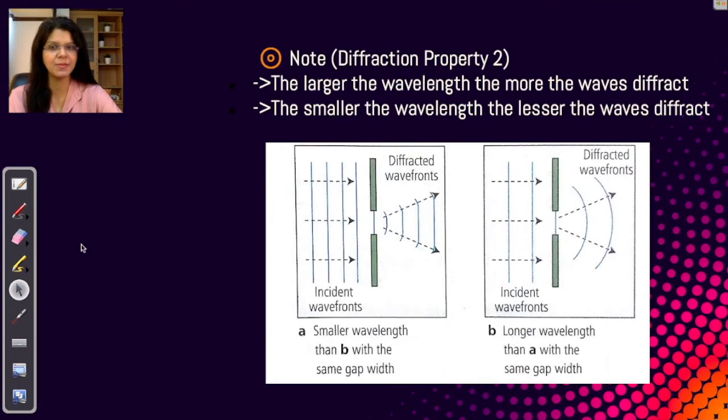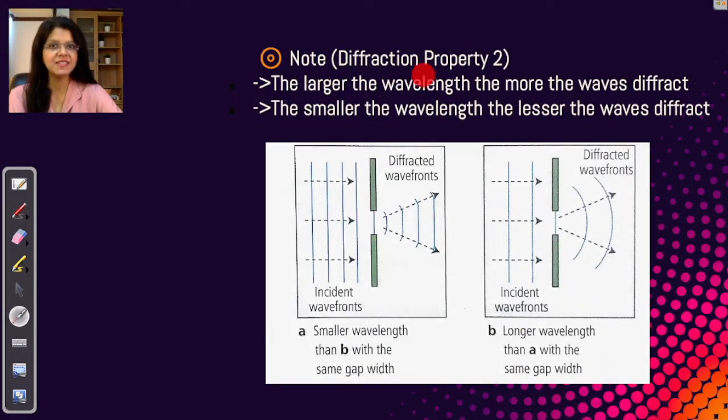Another diffraction property. Larger the wavelength, more the waves diffract. Smaller the wavelength, lesser the waves diffract. Please note it in your notebooks. Look at the picture. The gap width is the same in both pictures, but the wavelength is different.